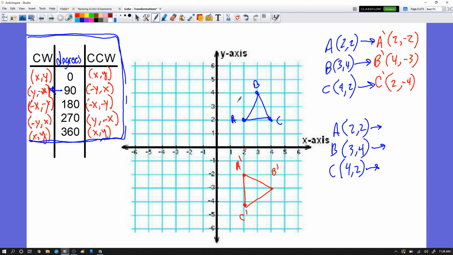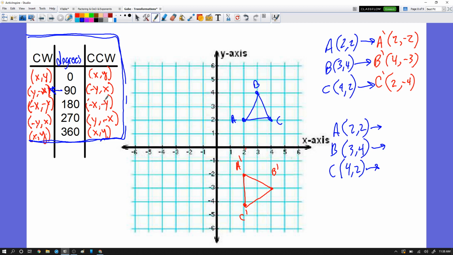So it doesn't matter if it's in quadrant 2, you're taking the original coordinates and using the table. So if it says rotate counterclockwise 180 degrees, regardless of where the coordinates are, where they originally start, all you do is go over to the table, counterclockwise, use this key on your coordinates. So I'd be taking the opposite of my x and the opposite of my y.